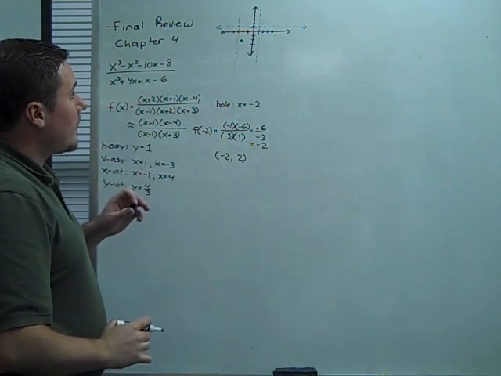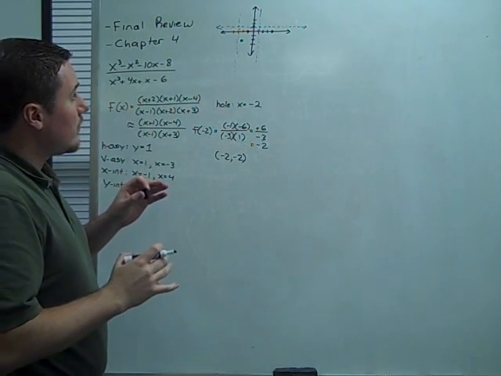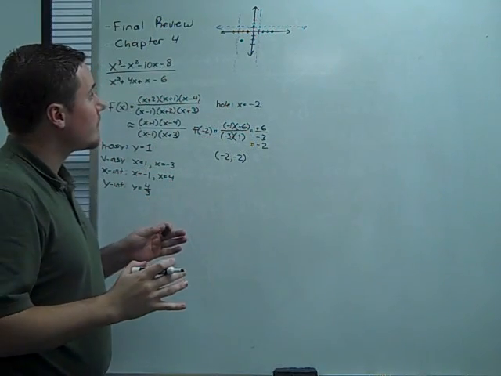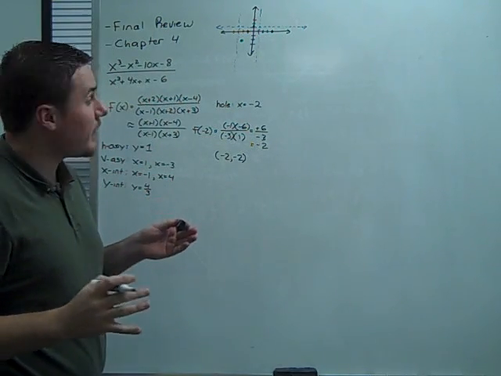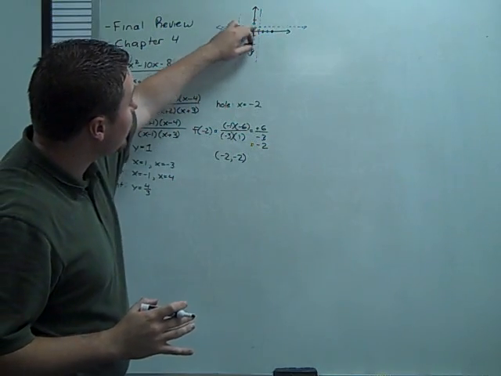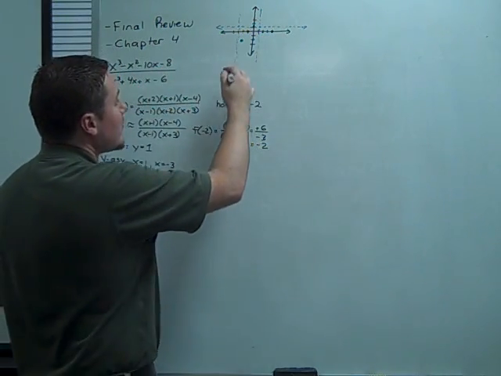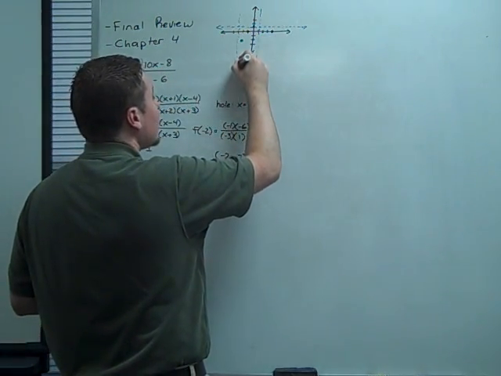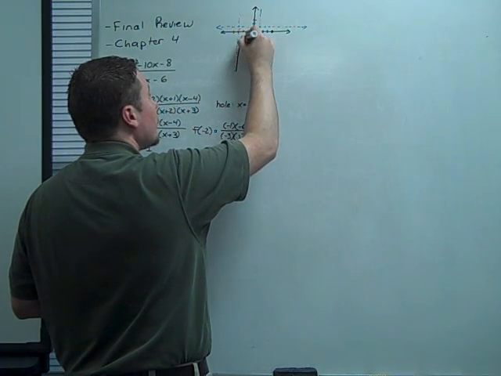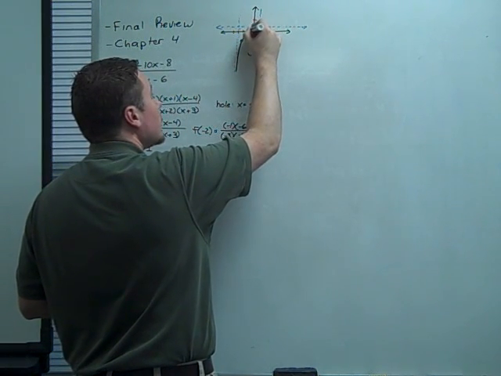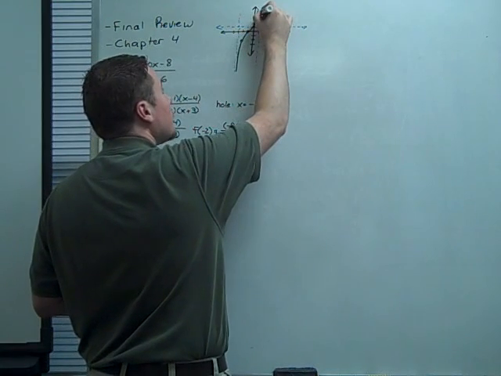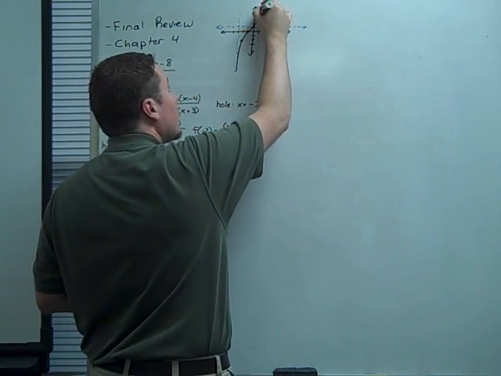Now, there are 3 sections to this graph. The middle one is actually pretty well mapped out. We've got 1, 2, 3 points, and these asymptotes are going to guide us. We're going to skirt the asymptote, go through the hole, through the x-intercept, through the y-intercept, and then keep going up.